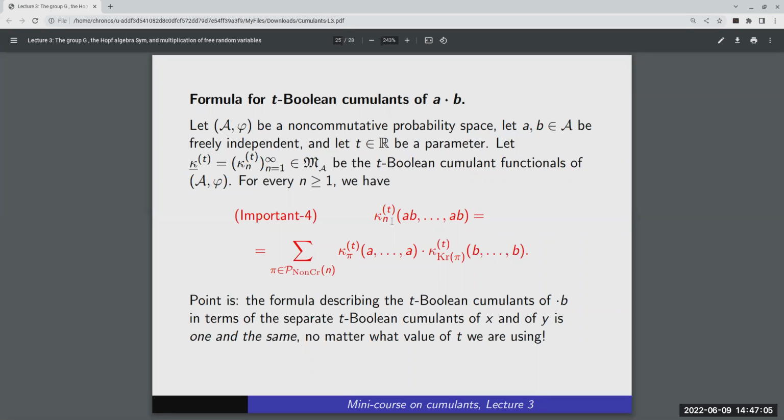So case T equals 1 gives you free cumulants, and this is the formula which we had earlier in the lecture, the important -2. If you make T equals 0, it describes the multiplication of two free elements using Boolean cumulants. It's exactly the same, and in fact, it's exactly the same for every T.